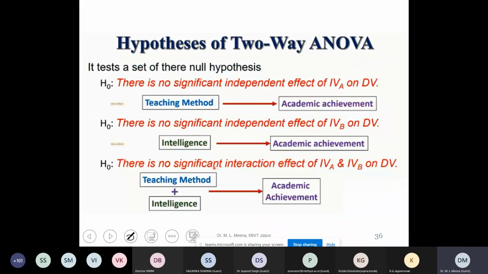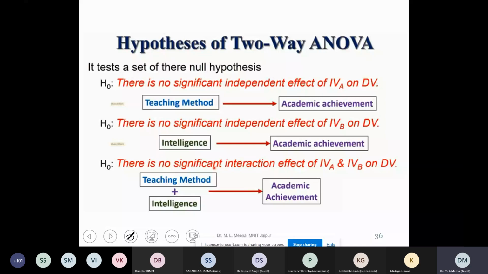So these are the null hypotheses as well as the alternative hypotheses. We know that 3 pairs are formed to find the two-way ANOVA value.